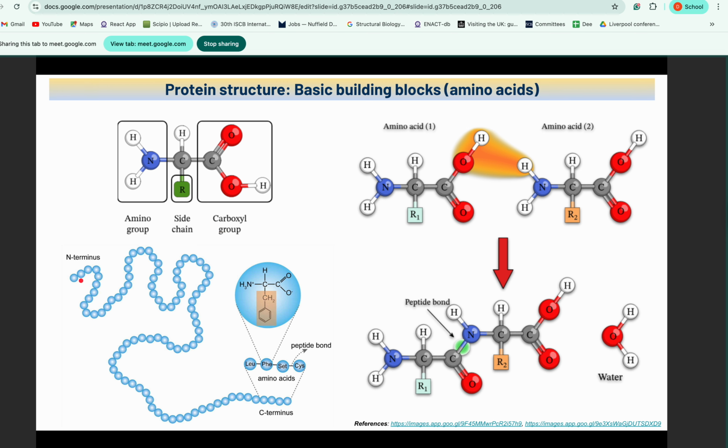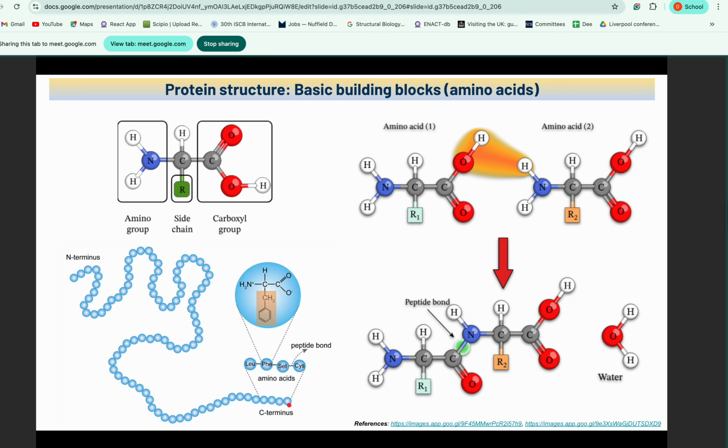That is why that terminal is known as the N terminus, where the amino group is exposed. The C terminus is the other side of the protein, where the carboxyl group is exposed. So the directionality of a protein is referred to as N terminus and C terminus.